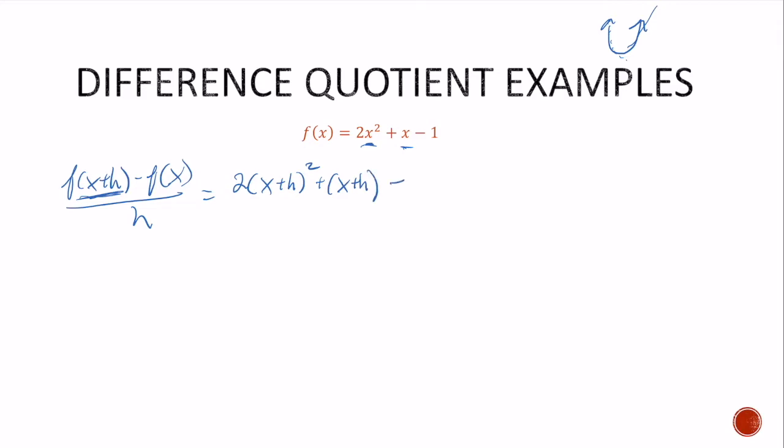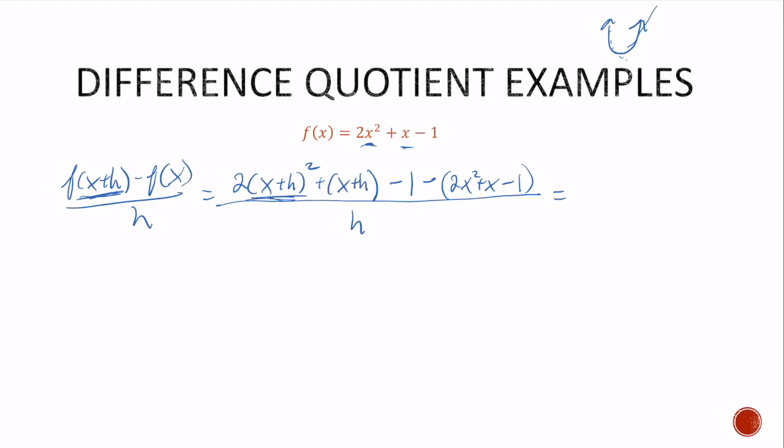So I have 2 times (x plus h) squared plus (x plus h) minus 1, minus (2x squared plus x minus 1). That's going to give me, remember that I have to FOIL this out.